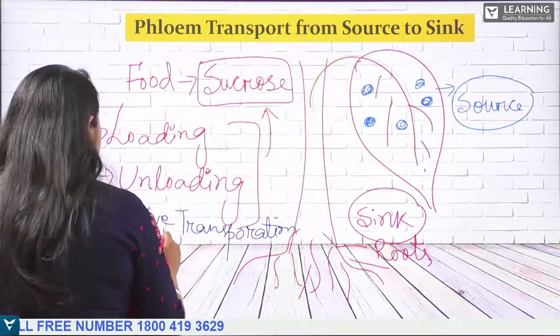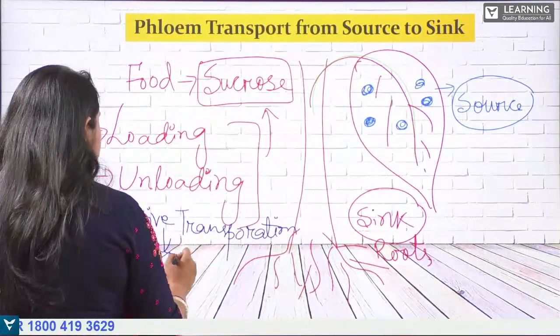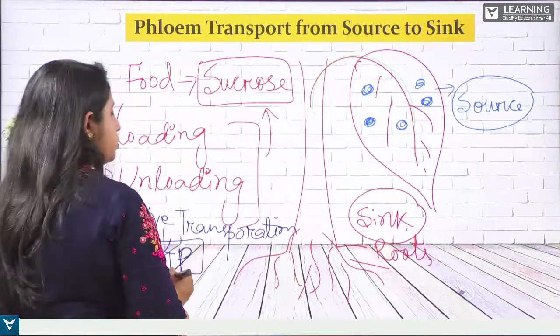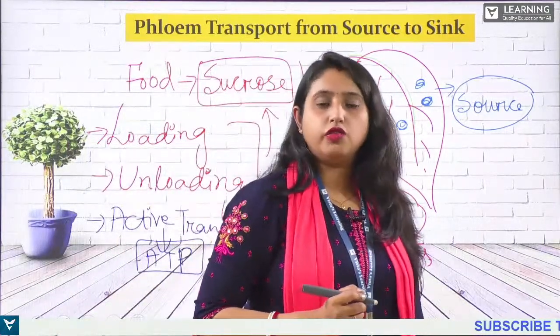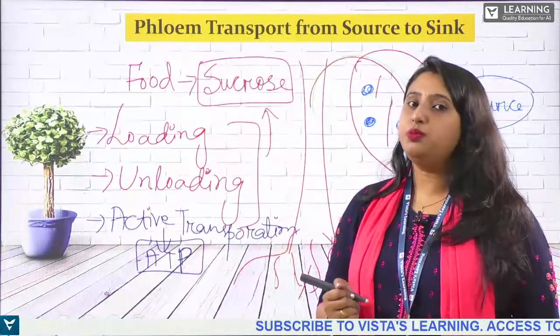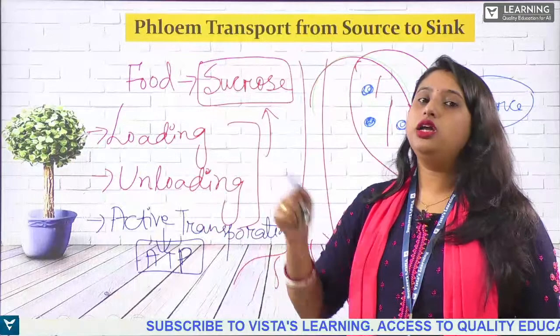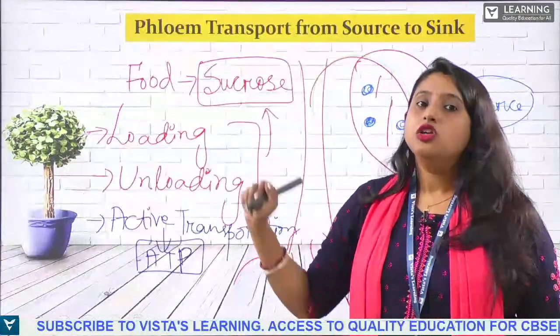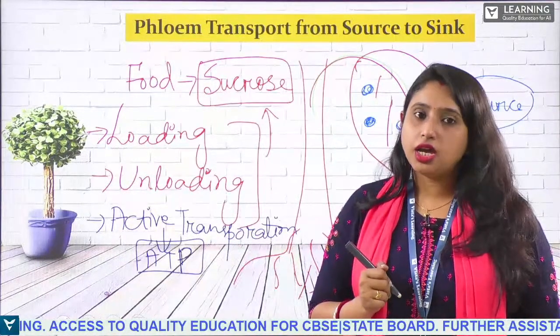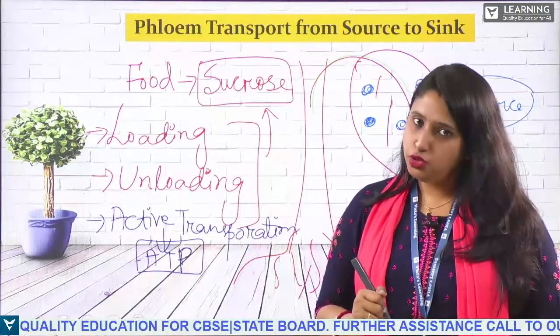And when active transportation takes place, you know that it requires ATP. It is against the concentration gradient, right? Active transport is against the concentration gradient, so it requires ATP. So loading and unloading of the sucrose takes place, where active transport is involved and ATP is being used.